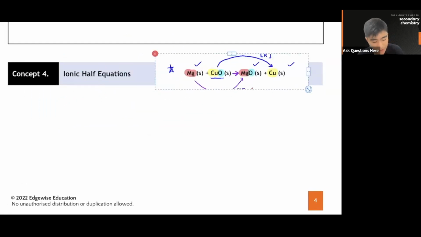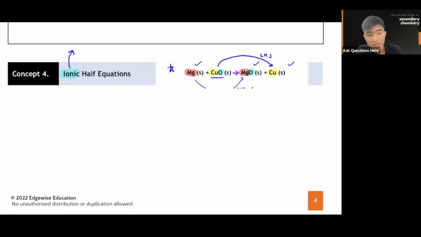I'm going to use this equation to illustrate something to you. Now, what is the term ionic half equation supposed to mean? Let's unpack this term by term. Some students rush into the redox reactions chapter and they really don't understand what is meant by ionic half equations. So, what is ionic half equation?